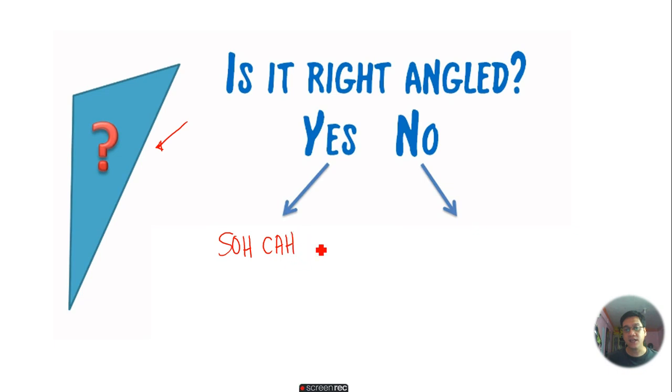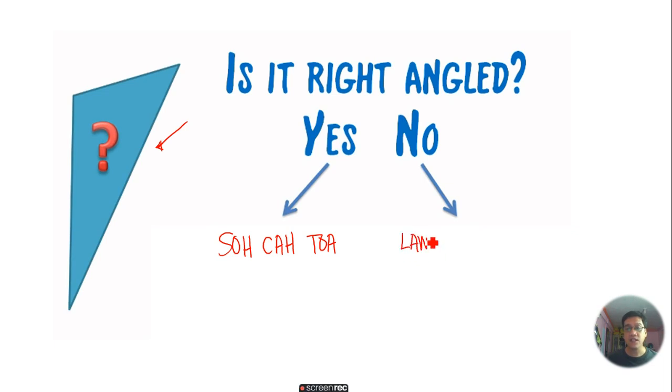So that is SOHCAHTOA. Now, if this triangle is not a right triangle, or simply an oblique triangle, we are not going to use SOHCAHTOA, because SOHCAHTOA is only applicable to right triangles. We are going to use a particular law.